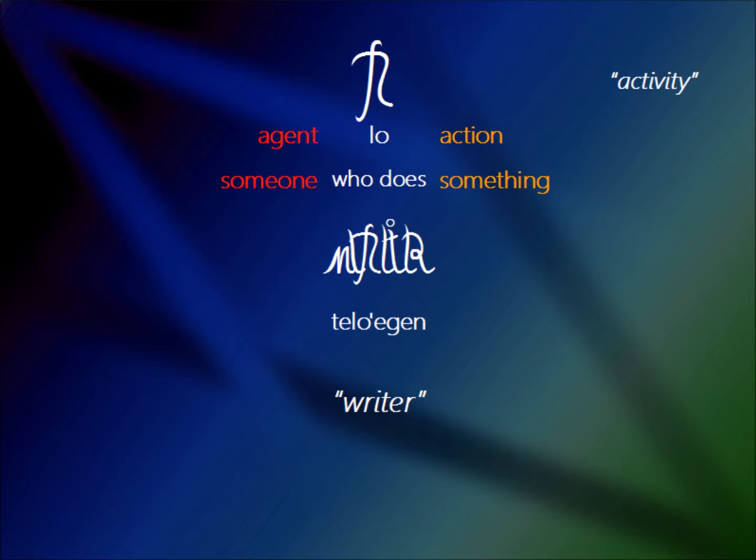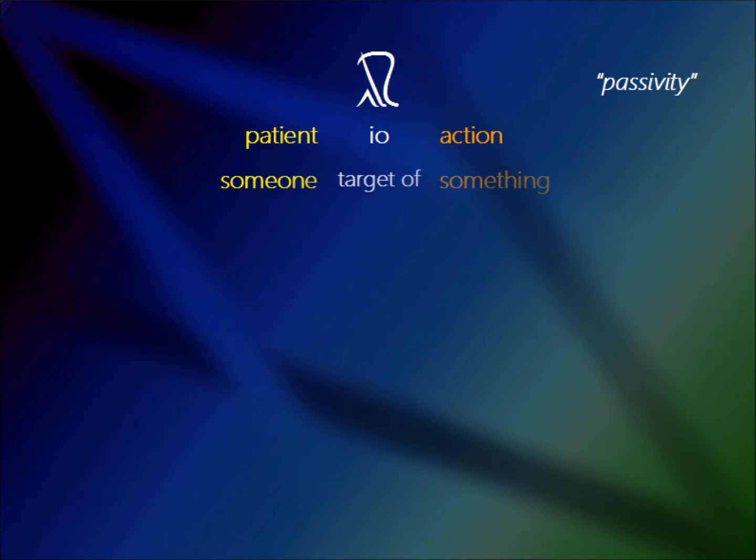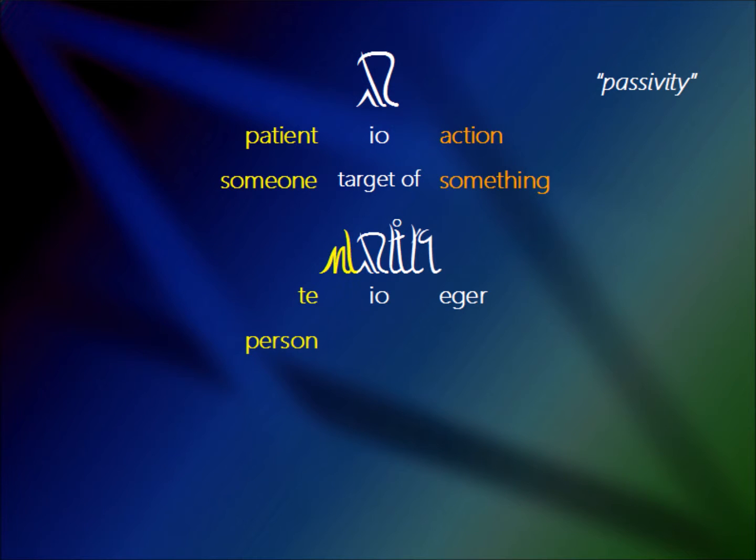The second of the 4 particles is io, the passivity particle. We can use this particle to combine a patient with an action, or in other words, use it to say that someone is the target of an action. For example, the word te io eger consists of te, a person, io, the passivity particle, and eger, oral communication.